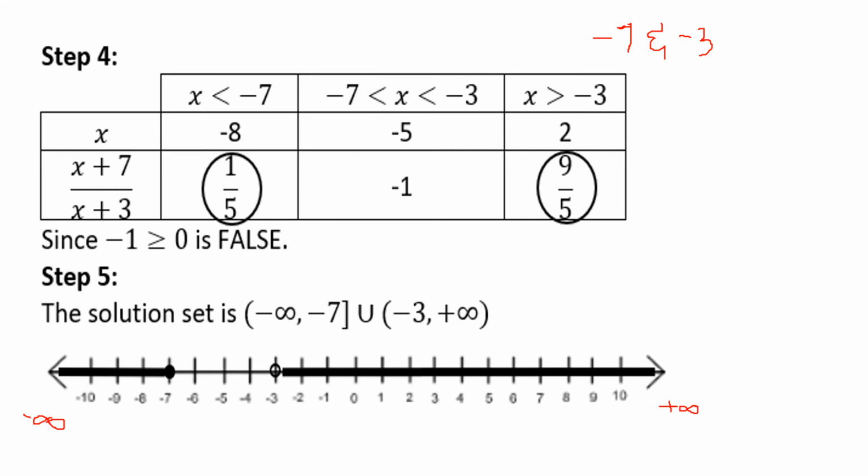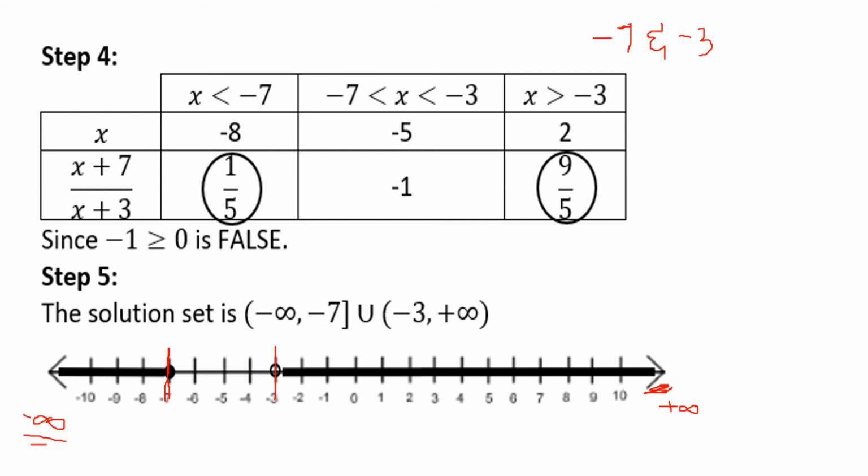Okay, so our interval or our solution set is from negative infinity up to negative 7. So, dili lang siya nga port sa ato number line. And then, from negative 3 until the positive infinity. So it can be positive 11, 12, 13, 14, until infinity.